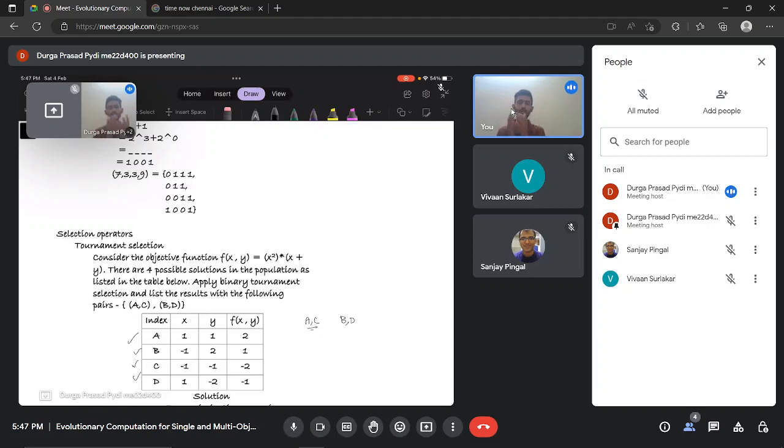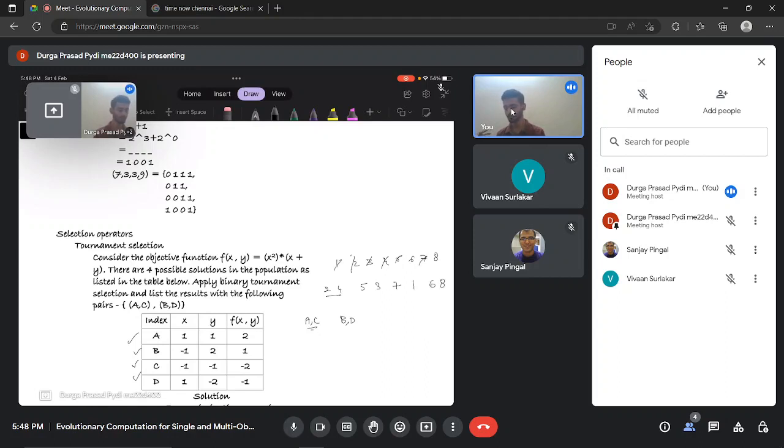Say suppose you have 8 solutions, numbered 1, 2, 3, 4 and so on. First you pick 2 at random, say 2 and 4, and then you take another 2 at random, say 5 and 3, and then again you come up with 2 other numbers, 7 and 1, and 6 and 8.